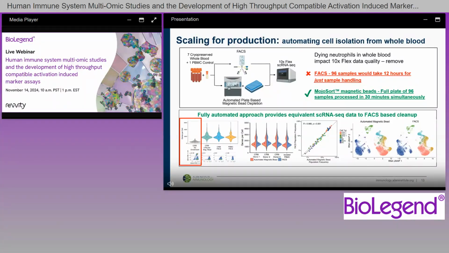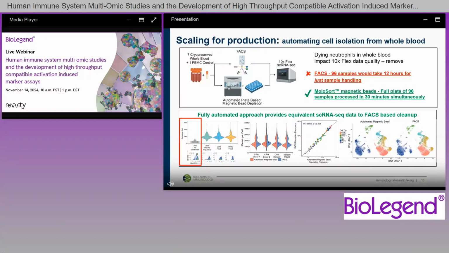But when we are able to isolate the lymphocytes, either through the magnetic beads or through FACS, those samples look very similar. We get the same, similar number of genes per cell. And then that's all really compared back to cryo PBMCs or PBMCs that are isolated using FACS. And so all of that data looks really good.